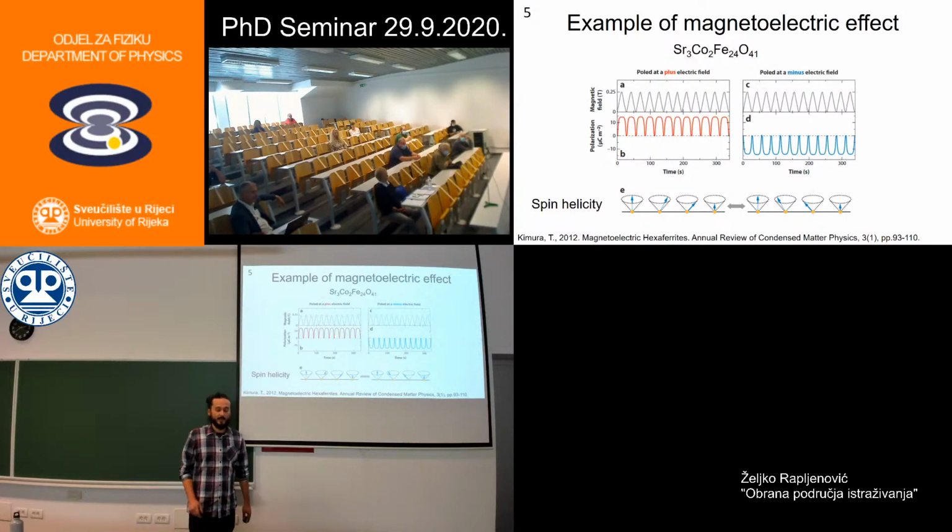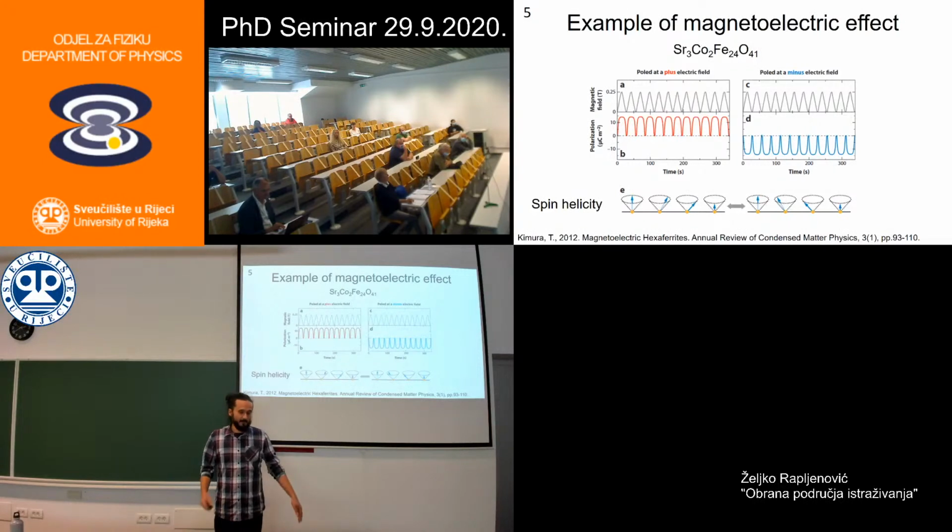This material has many different magnetic phases with cooling, and one of these phases is the transverse conical phase, where the spins have a conical structure. If we cool this material in an electric field and enter this phase, we find that it is a host to the magnetoelectric effect, because if we increase the magnetic field, we see a change in polarization.